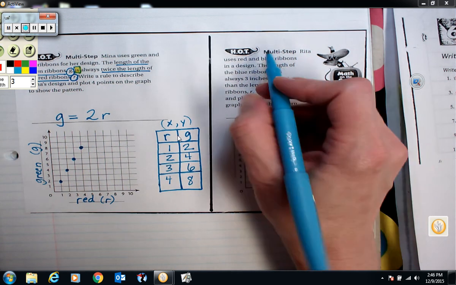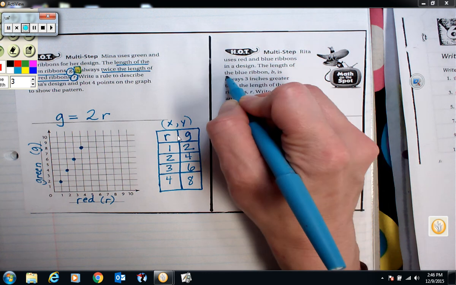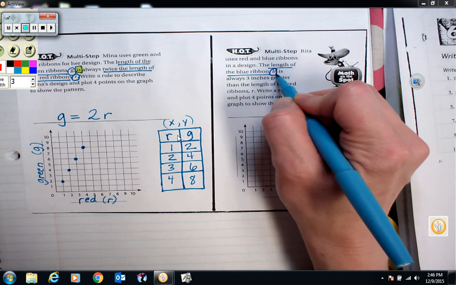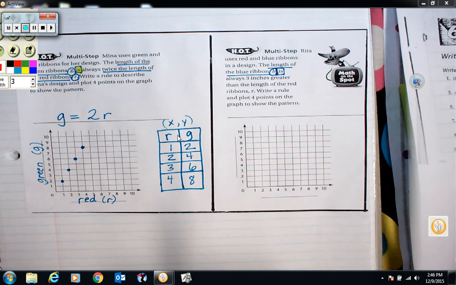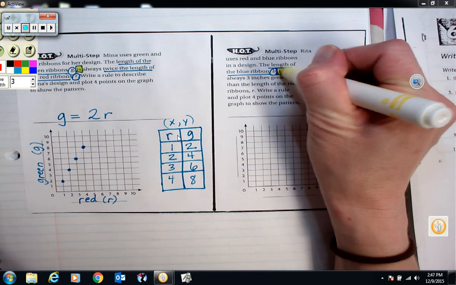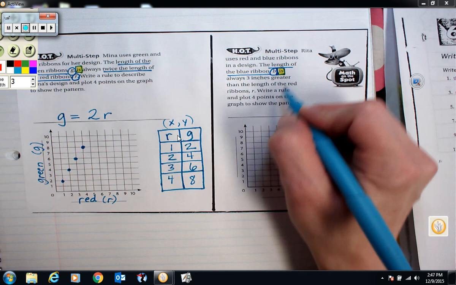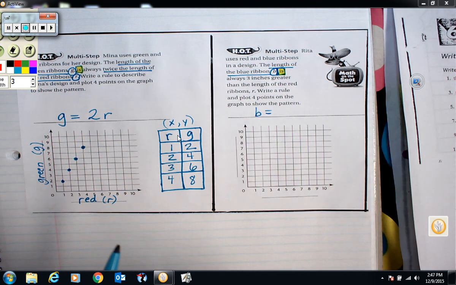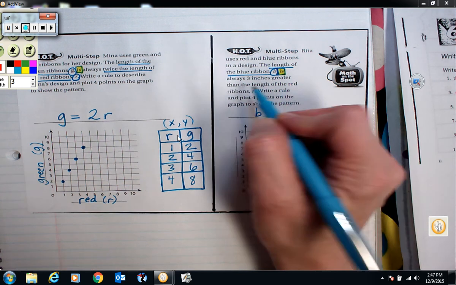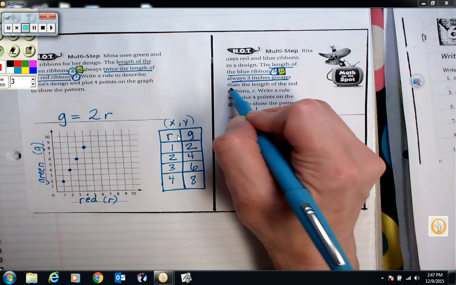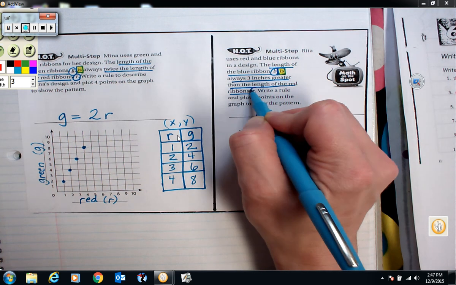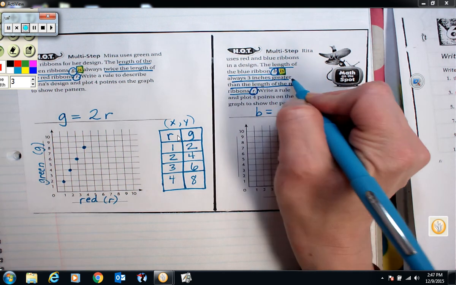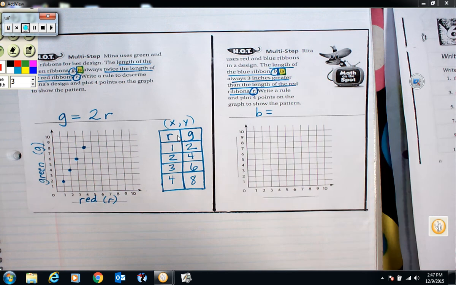So the length of the blue ribbon, we're going to call that B, and there's that word is again. And is always shows us that that's going to be our equal sign. So far I have B is. B equals 3 inches greater than the length of the red ribbon R. 3 inches greater is the same thing as adding 3 to a value.